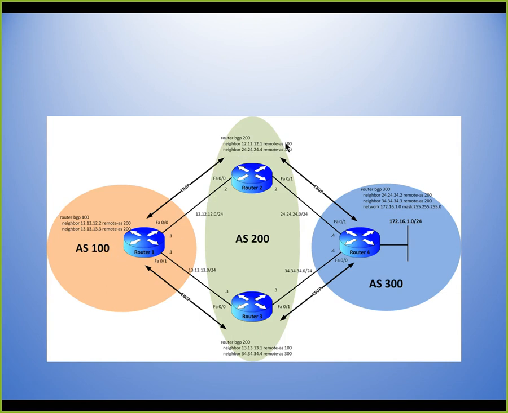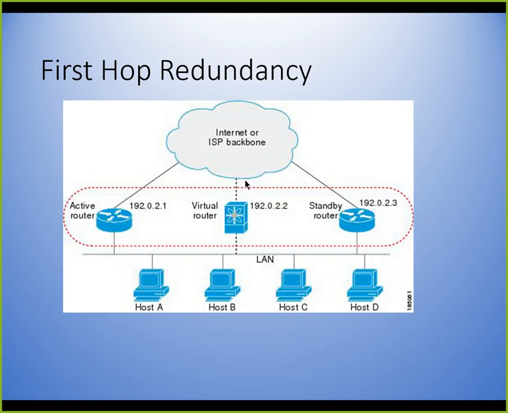But neighbors here that we have, when we manually configure them, EBGP, external border gateway protocol, is what is being used here. IBGP, internal border gateway protocol, if we routed between the routers within the autonomous system, we would use the internal gateway routing protocol when we do those.